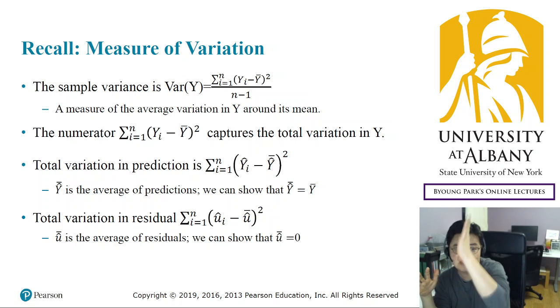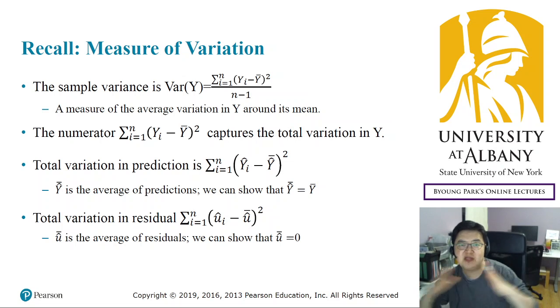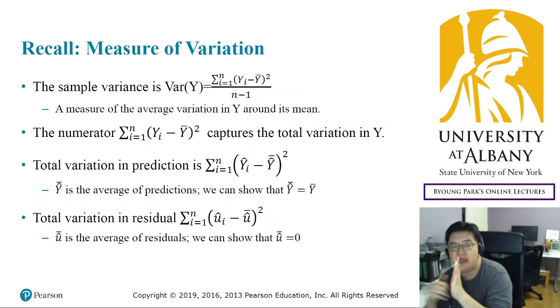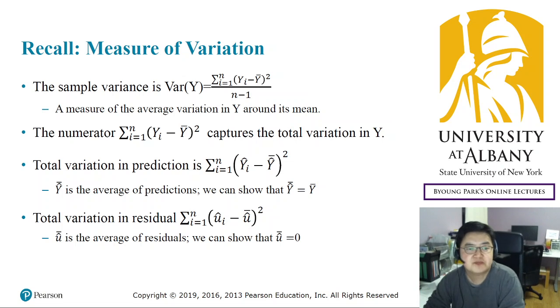The center is the mean, and there must be dispersion around it. How far those observations are from the center, that's what the variance is measuring. So the variance measures basically the distance between the center and your observations.